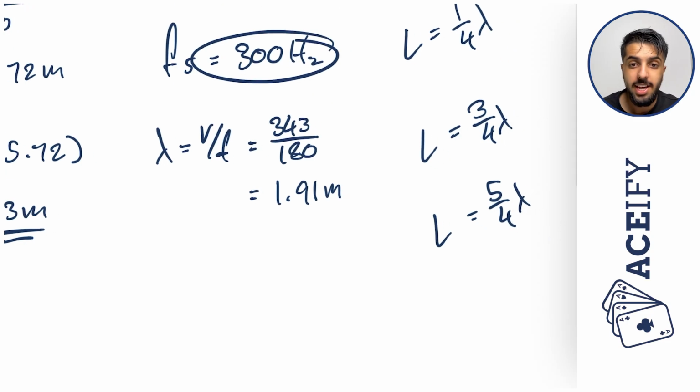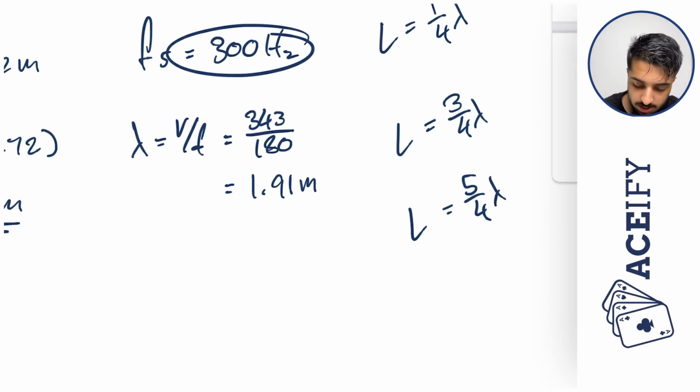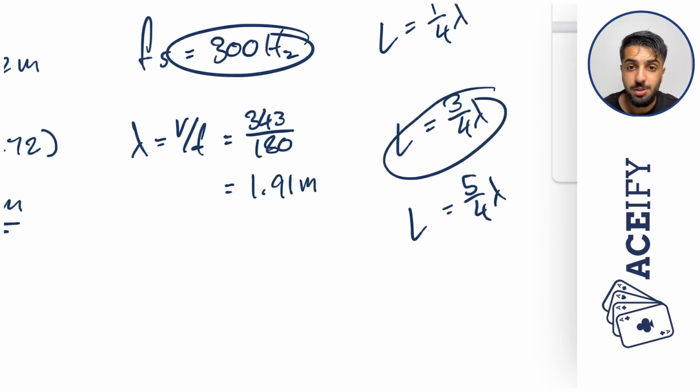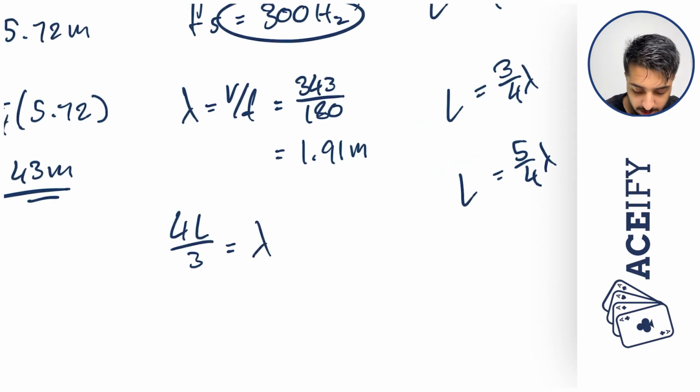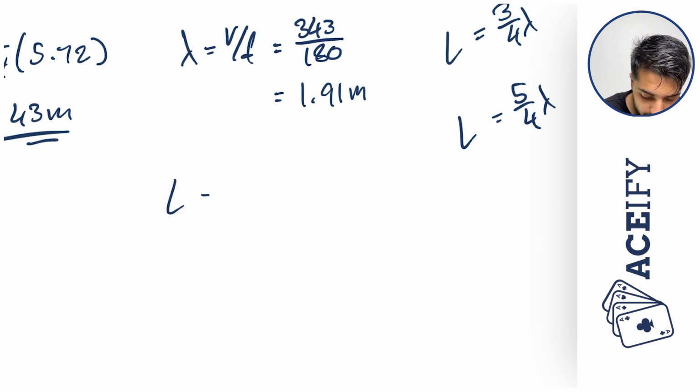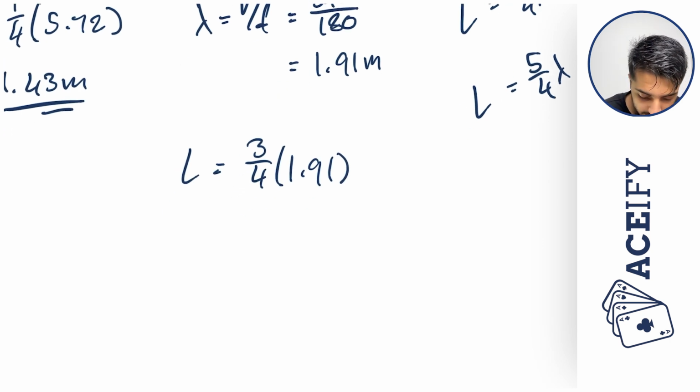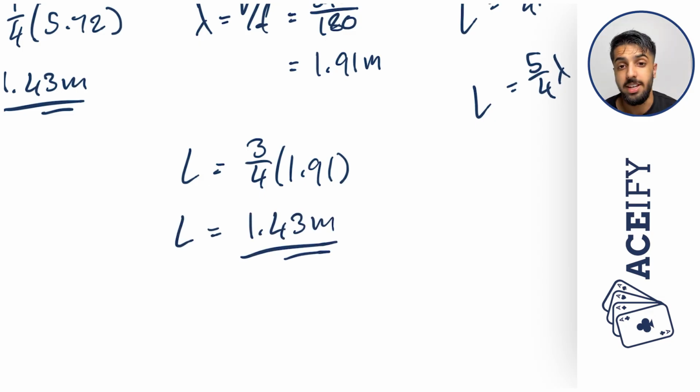Now again, we know that at that third resonant frequency, the length is equal to 3/4 of the wavelength, and so L over 3 over 4 is equal to our wavelength. Therefore, L is equal to 3/4 times 1.91, and that gives a length of 1.43 meters. So that is our second way in which we can solve this problem.